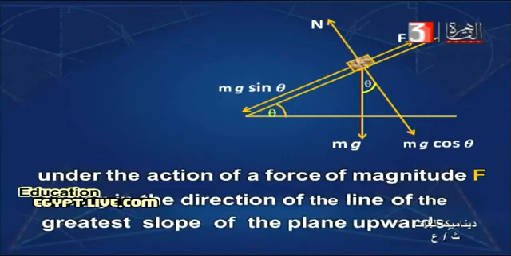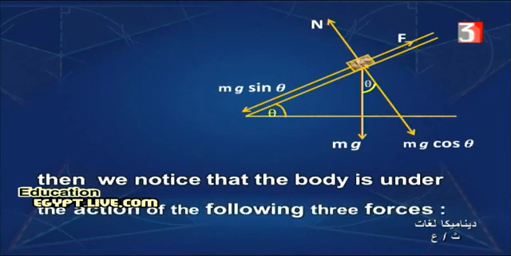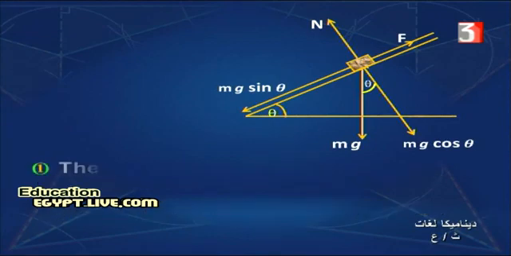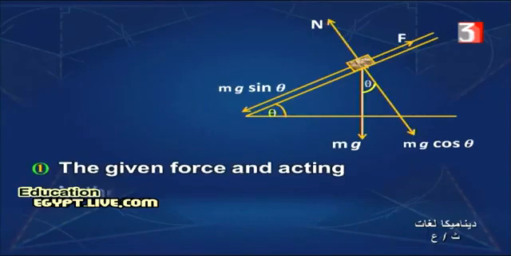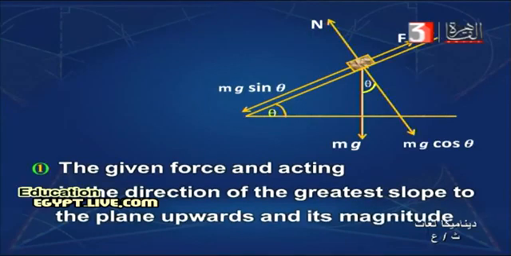The second force, the weight of the body acting vertically downwards, of magnitude mg. The third force is the reaction of the plane, acting in a direction perpendicular to the plane upwards, of magnitude N.